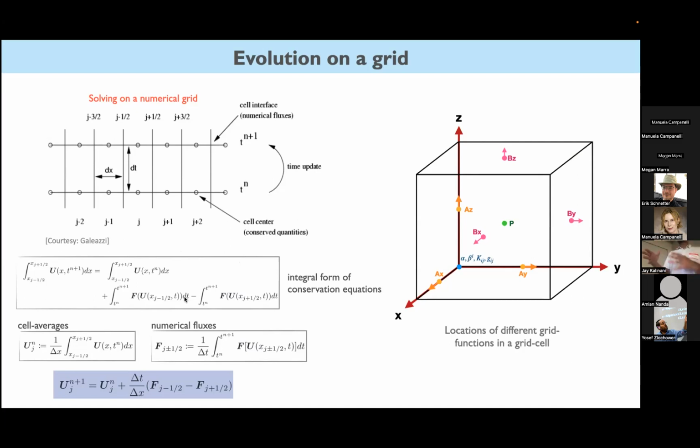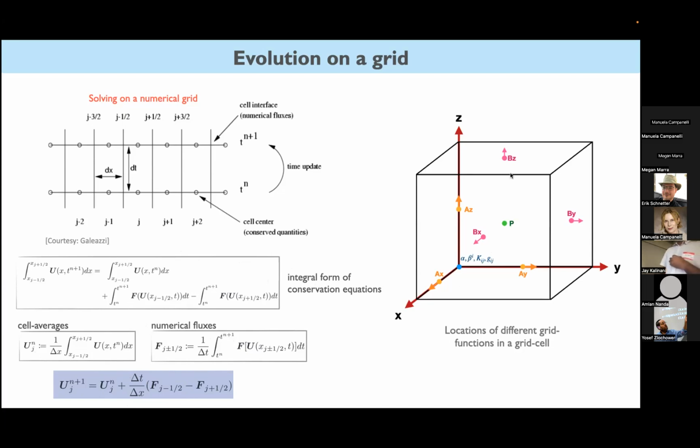So the first step is you compute the cell averages for your state vector or your solution, as well as you compute your numerical fluxes like this. And then you can write your conservation equations in a discretized way, like I stated here and below.